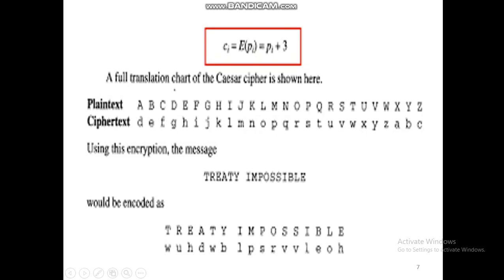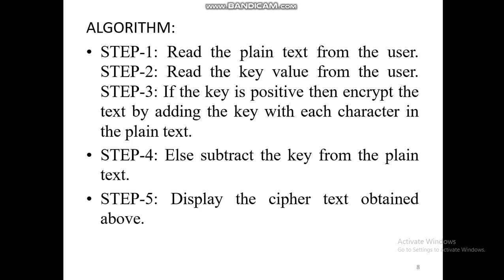Next, we have the algorithm of the Caesar cipher. Step 1: read the plain text from the user. Step 2: read the key value from the user. Step 3: if the key is positive, then encrypt the text by adding the key to each character in the plain text. Step 4: else subtract the key from the plain text and display the ciphertext obtained above.